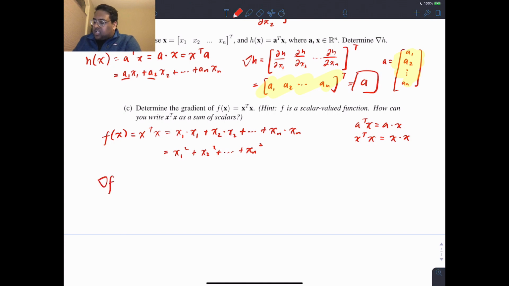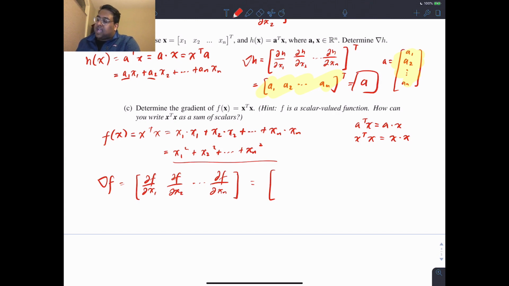Now to take the gradient, we again want a vector of all the partial derivatives: the partial with respect to x1, the partial with respect to x2, and so on until we have the partial with respect to xn. For the partial derivative of this function with respect to x1, the terms x2 through xn are irrelevant, so we're just looking at the derivative of x1 squared with respect to x1. That's just 2x1.